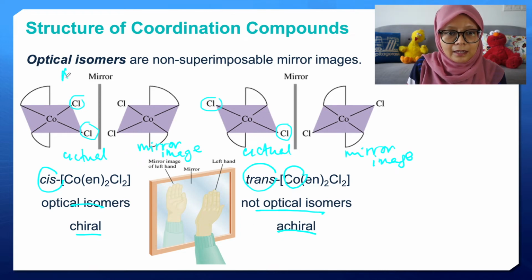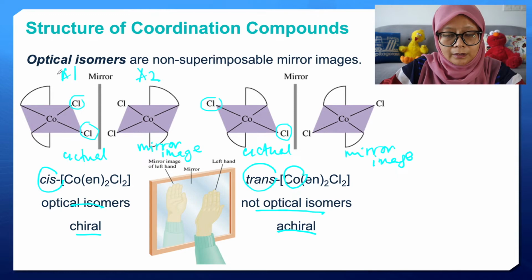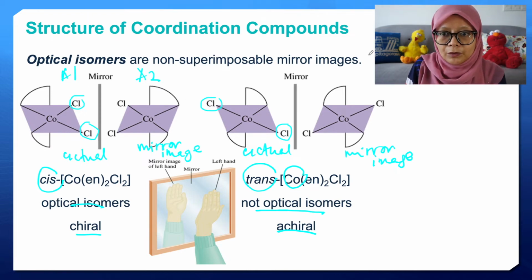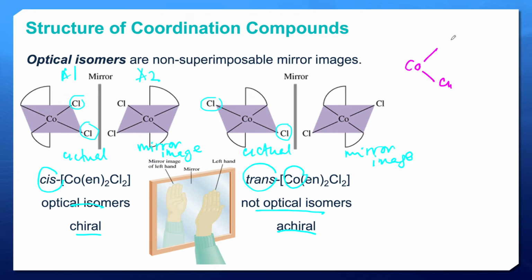Why? Let's say this is A1, this is A2. Let's say you draw A2 to A1. So what happened here? Let me draw back the compound. This is the Cl, this is the Cl, and here this is the en. It is supposed to be drawn like this, the en, and then we have the mirror image.